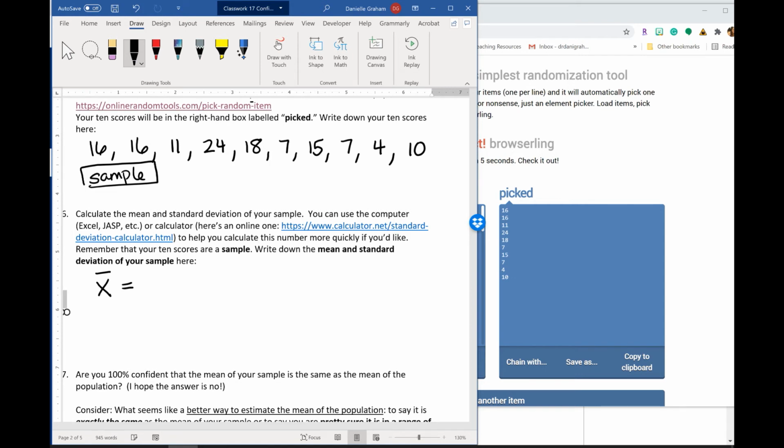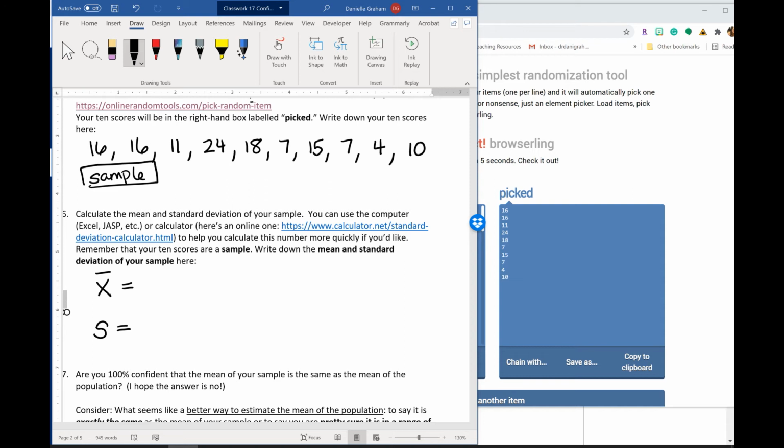I need to figure out what that is, and I want to figure out the sample standard deviation. And actually, here, I'm not just figuring out the sample standard deviation. I want to figure out that estimate for the whole population based on this sample. So I'm using this S symbol, right? But again, they're both based on a sample.